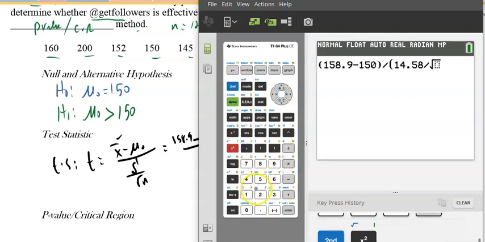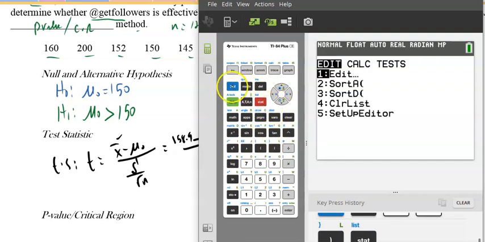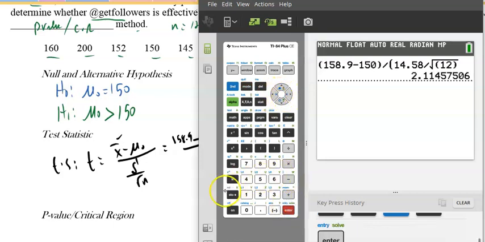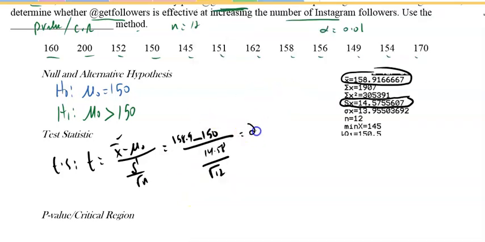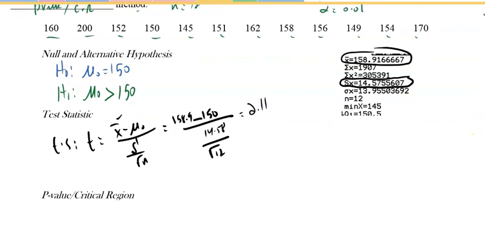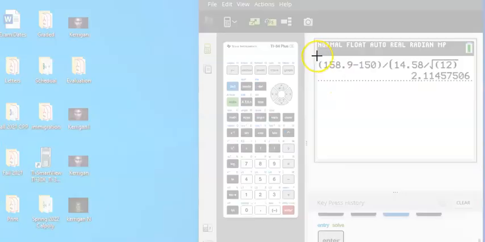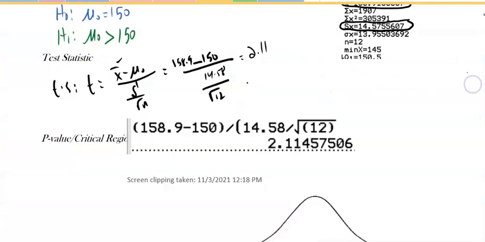The n was 12. No, sorry, repeat. Does it work? There you go, 2.12. 2.11. That's my test statistic. So far so good. Hopefully I didn't make a mistake anywhere, but if I did, you could trace it and figure out where I made a mistake. It's the concept that matters.